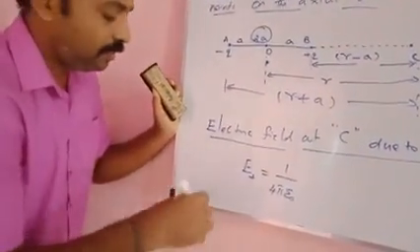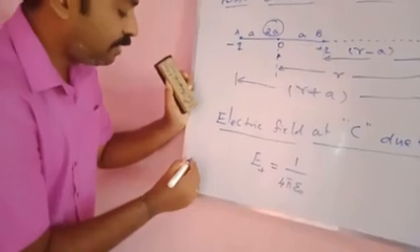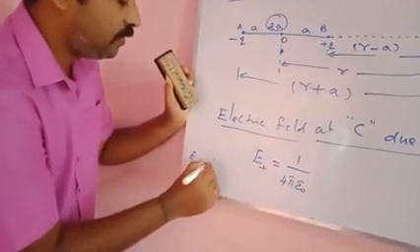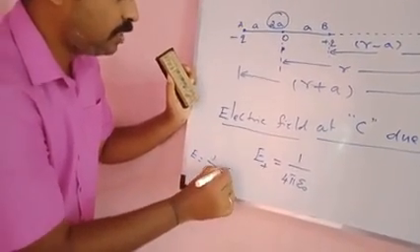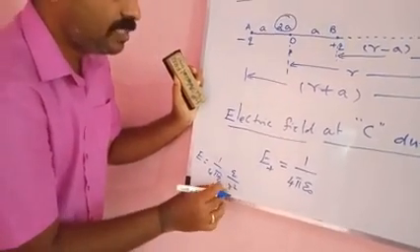We previously have the formula: electric field E is equal to 1 by 4 pi epsilon 0 into q by r square, where r is the distance.